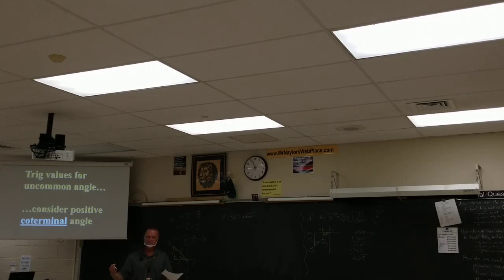And again, 660, even when I look at that, I'm kind of like, where's that? What you really should do is find something coterminal. So subtract 360, get rid of the extra spin. Now the problem is all about 300 degrees.